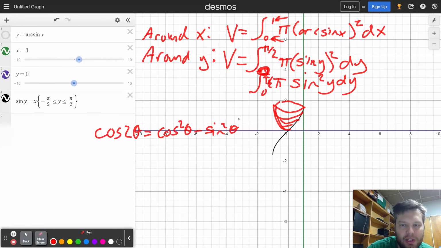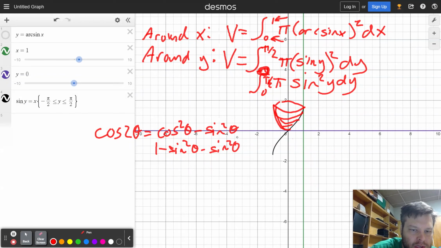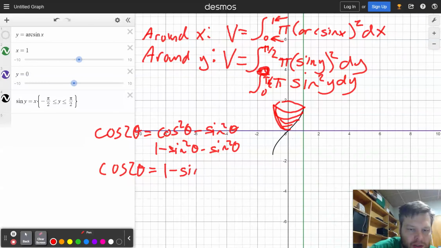That's usually the form that I have memorized. In this particular problem, I care about sine squared, so I'm going to rewrite cosine squared as 1 minus sine squared. So I can now say that cosine of 2 theta is 1 minus 2 sine squared theta.